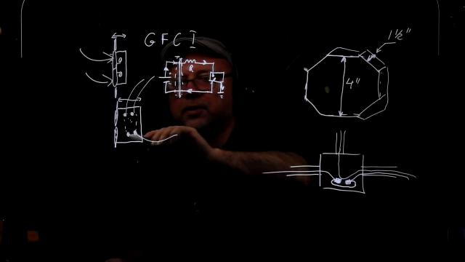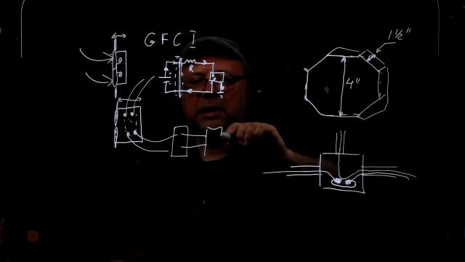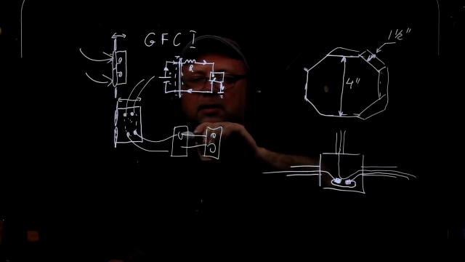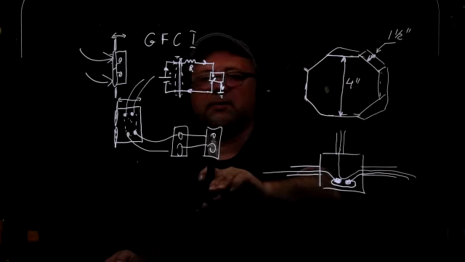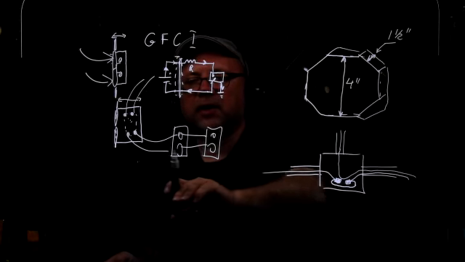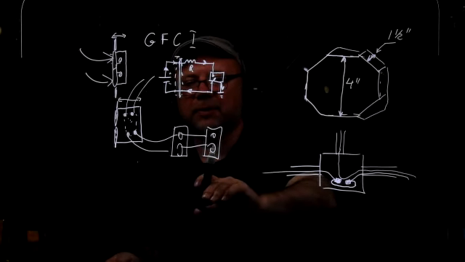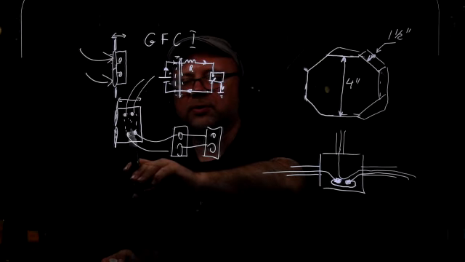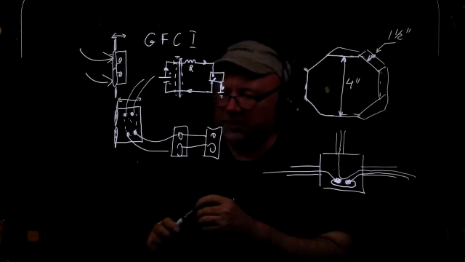And from there, you can connect other receptacles consecutively. And whatever happens here, this circuit is going to sense that. If a ground fault happens here or here, it is going to be sensed by this first one in line, and the circuit is going to be interrupted.